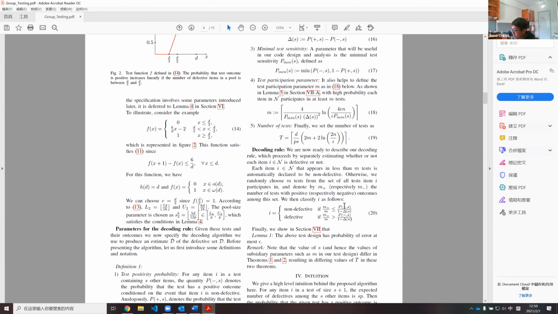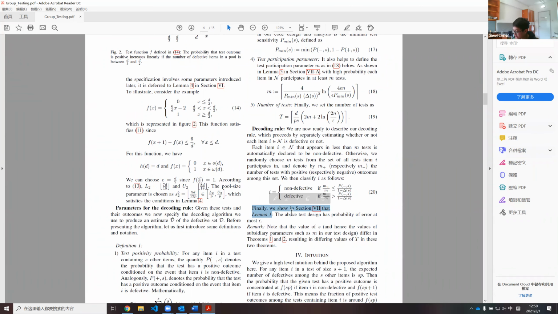The bound here is a value between p minus s and p plus s, which is considered to be the best bound. And finally, here comes lemma 1, which is the most important lemma. It says that the above test design can identify the defectives with error probability smaller than epsilon.